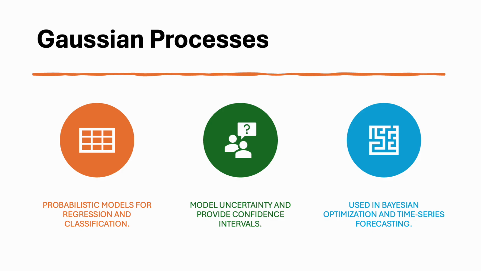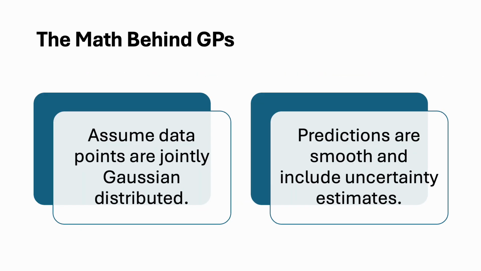In diagnostics, GPs assist radiologists by providing probabilistic interpretations of medical images, such as identifying tumors in MRI scans while accounting for uncertainty. By combining predictive accuracy with transparency about confidence levels, the GPs are enhancing both the precision and reliability of healthcare technologies, ultimately improving patients' outcomes and operational efficiency as well as efficacy.